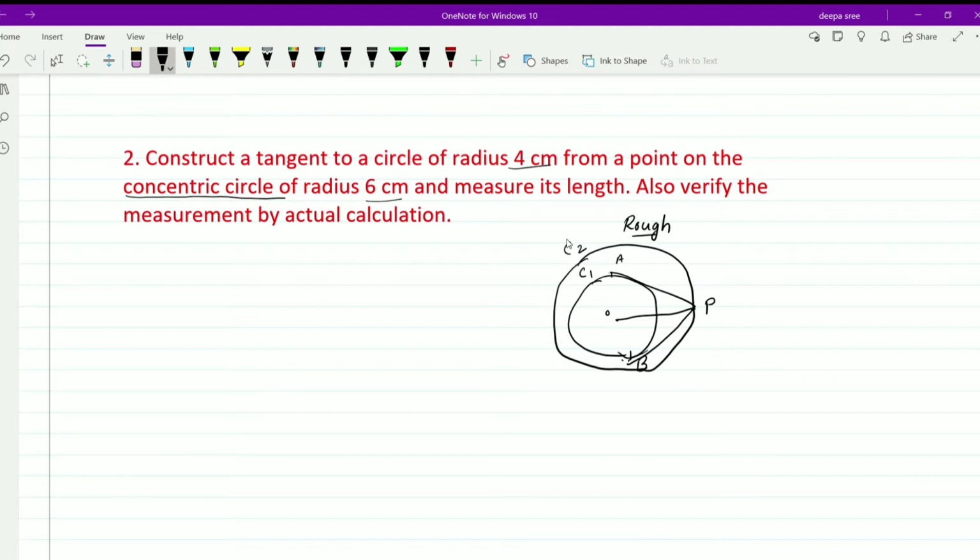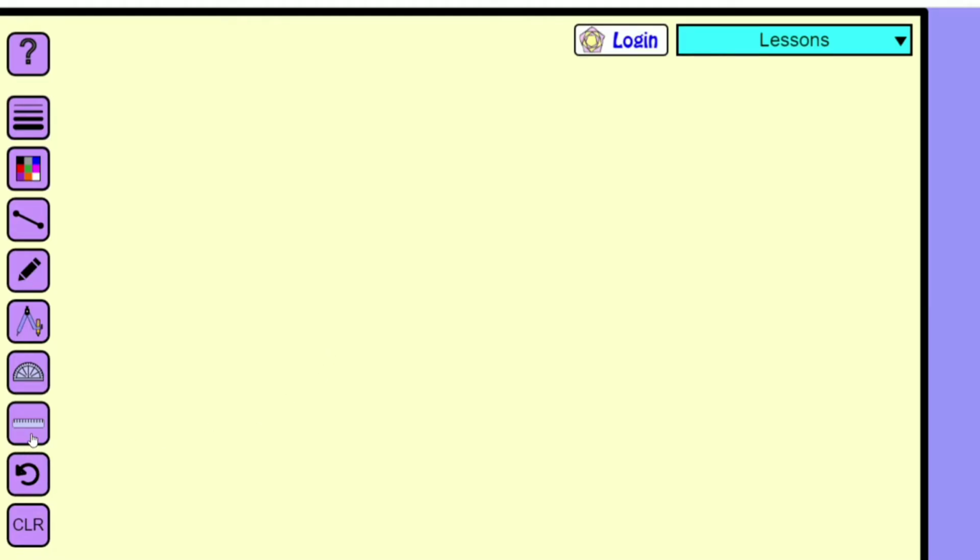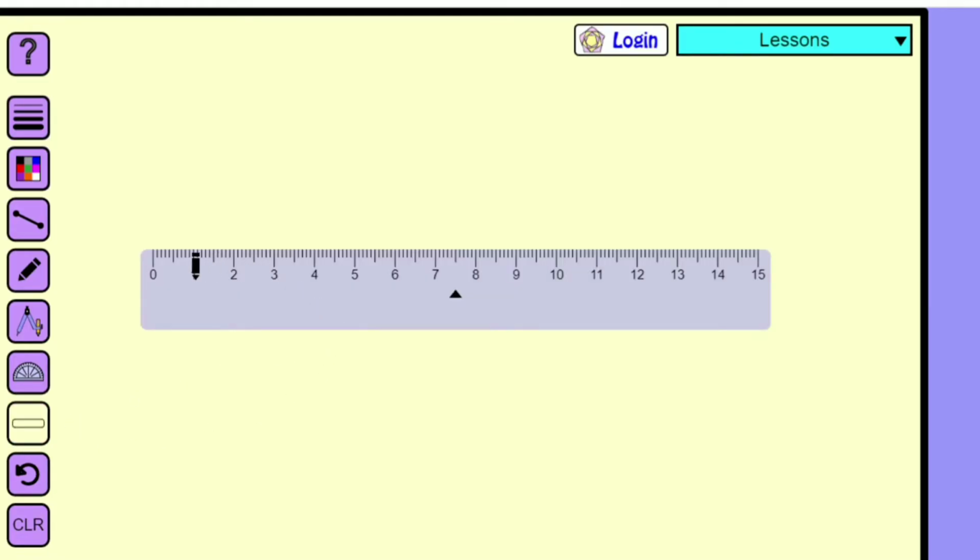So this is our construction. We can go through how to construct that. First we should construct a circle of radius 4 cm.